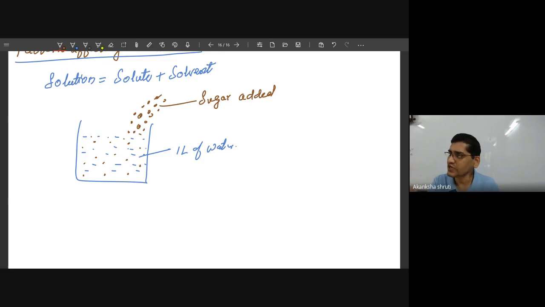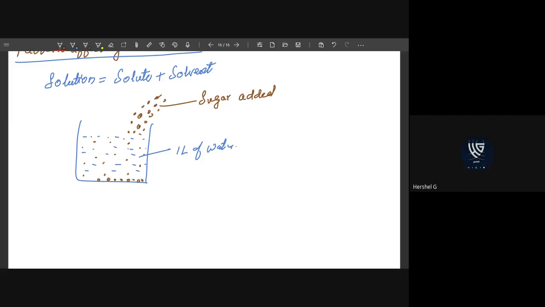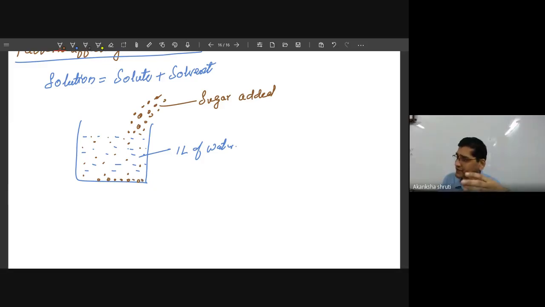If you add sugar further, it will not go in between the water particles, and that sugar will remain as it is and start collecting at the bottom. It will increase the mass, and the level will increase. So the limit up to which solute can be added in a solution decides the saturation limit.